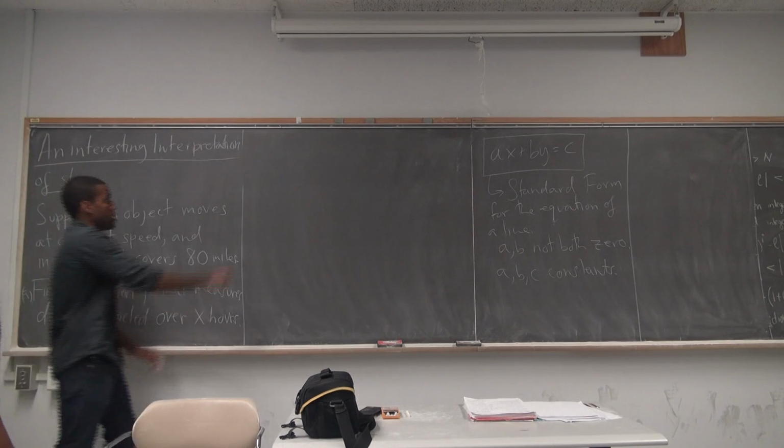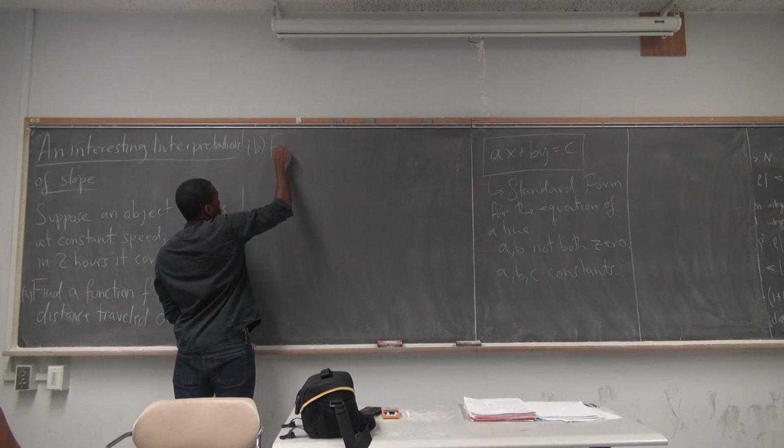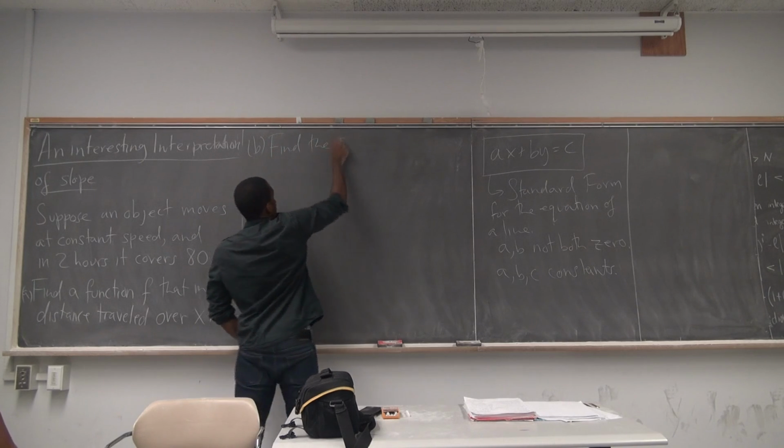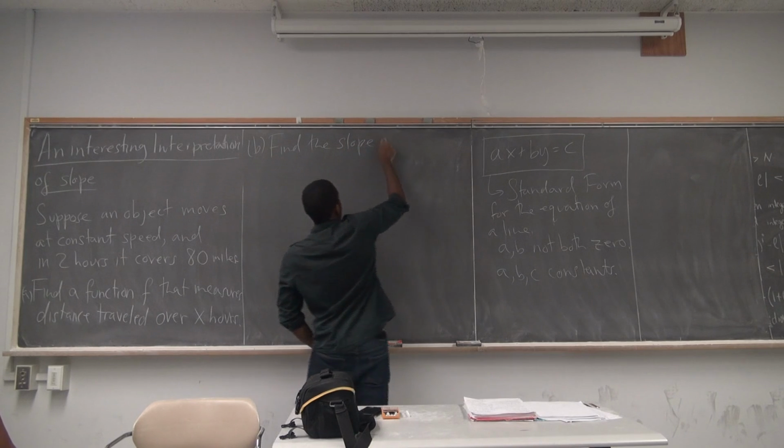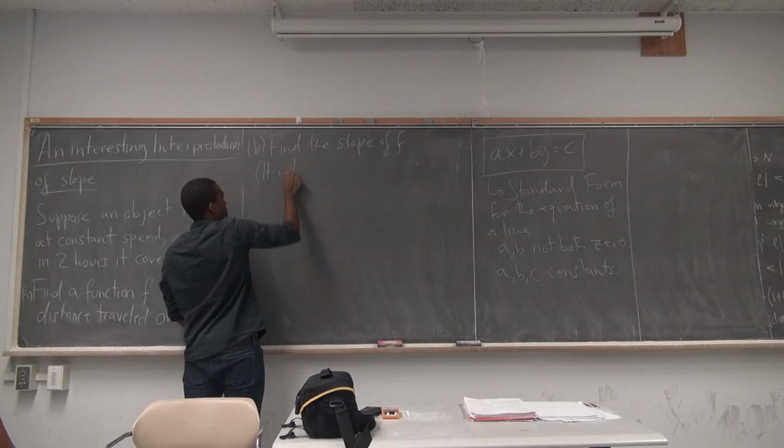Part B, find the slope of f, because as you'll discover, it will end up being a straight line.